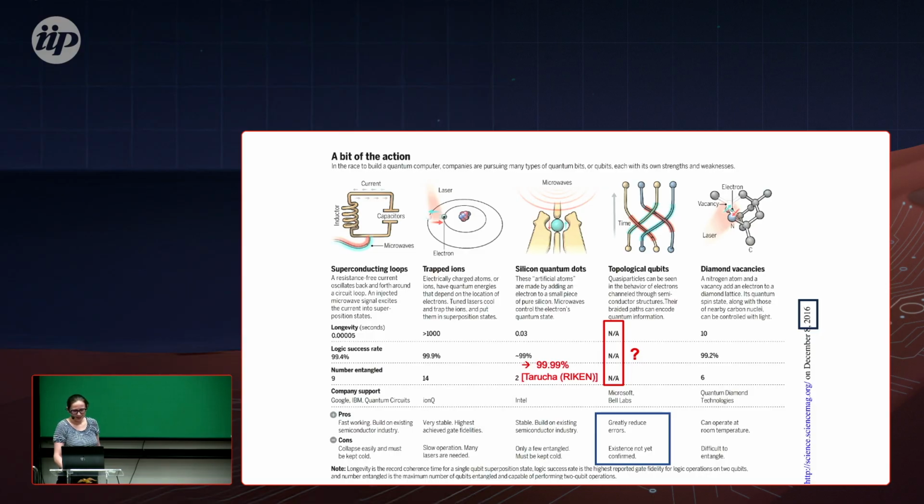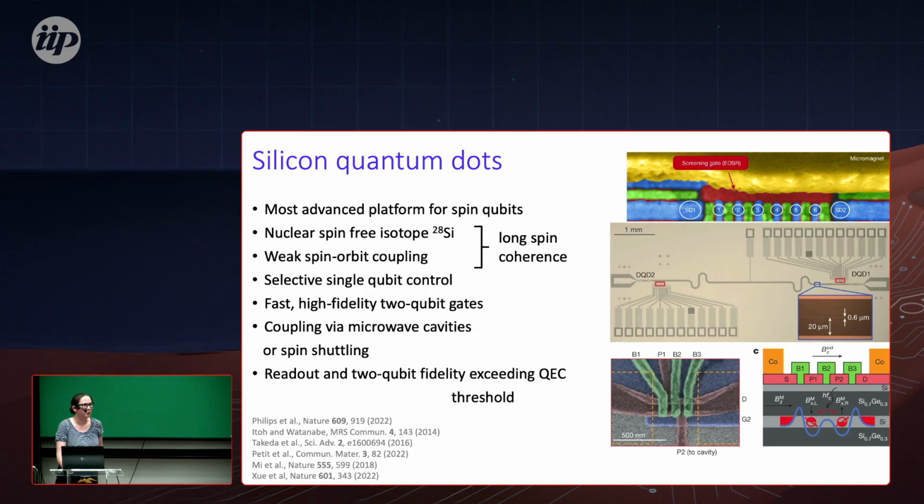Now, as I said, in our group we also work with silicon quantum dots. So just to give you an example of what kind of problems we have with silicon or with spin qubits in general. With spin qubits, we don't have discussions about whether they exist or not, but we try to improve or find a good material in which noise could be suppressed and you get good qubits.